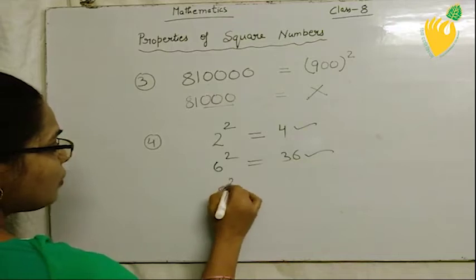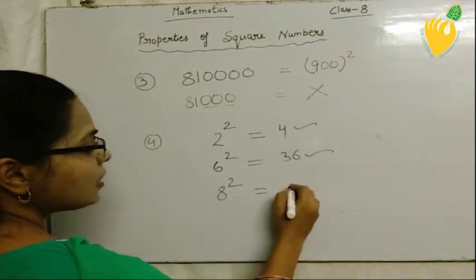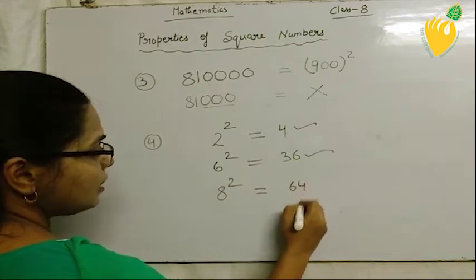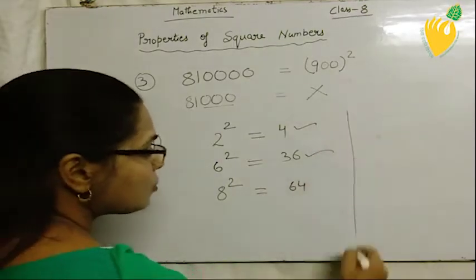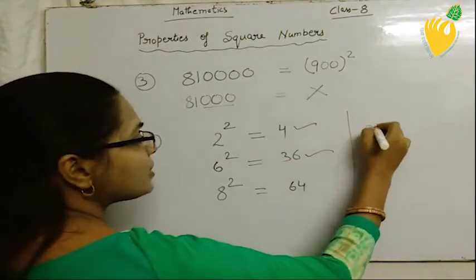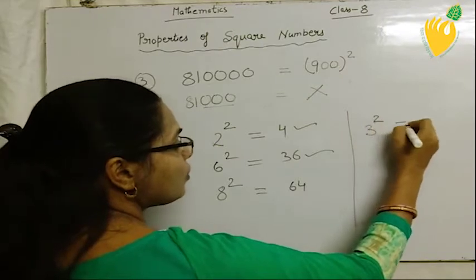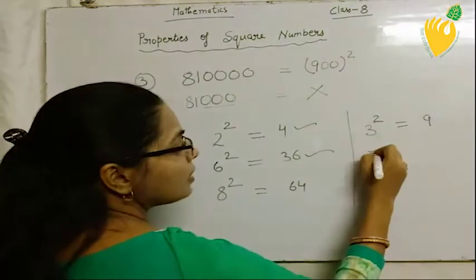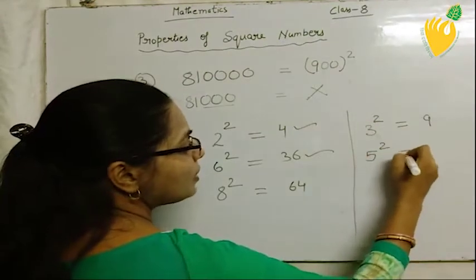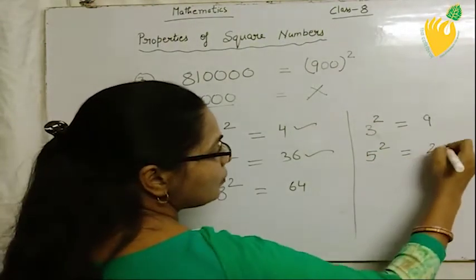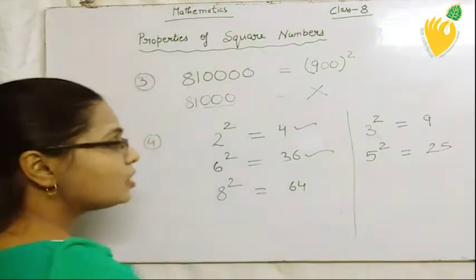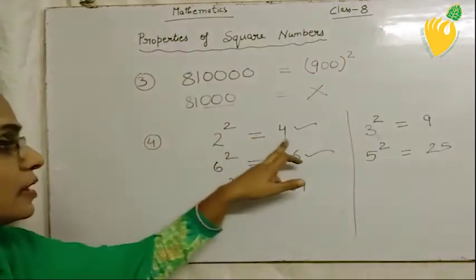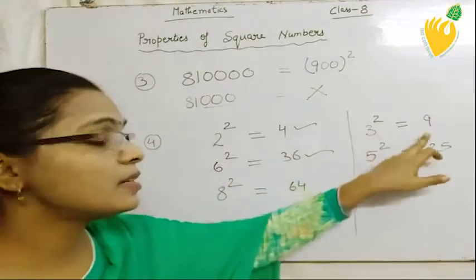The square of 8 is even. Similarly, 3 is an odd number, and its square is 9, which is odd. The square of the odd number 5 is 25, which is also odd. So the square of an even number is even and the square of an odd number is odd.